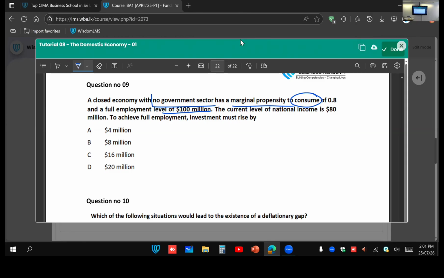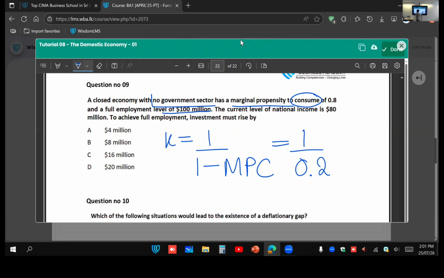Put that in: 1 divided by 1 minus 0.8, which is 1 divided by 0.2. Agreed? So this is 5.